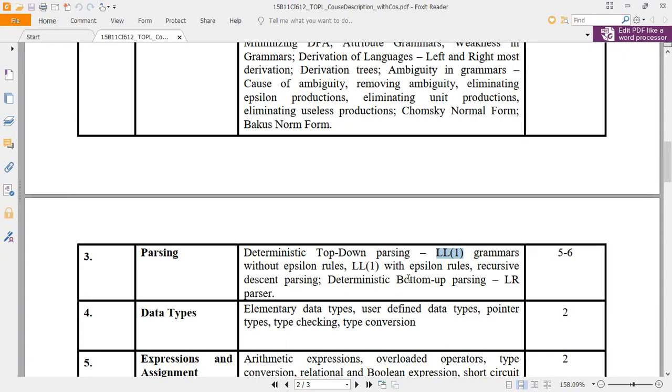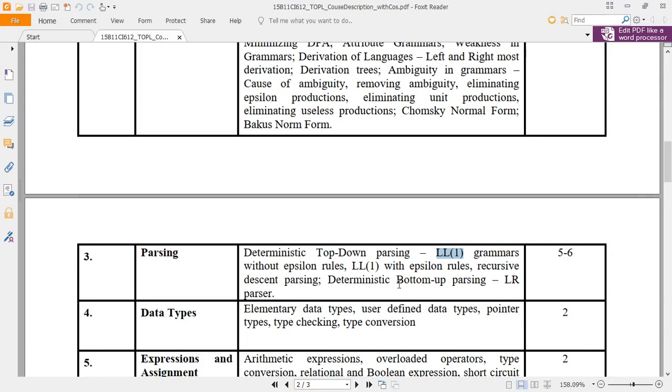In this we have also seen first set construction, follow set construction, LL(1) parse table construction, checking whether the given grammar is LL(1) or not, and parsing the given string with respect to the given grammar. This and all we have seen in the top-down parsing technique.